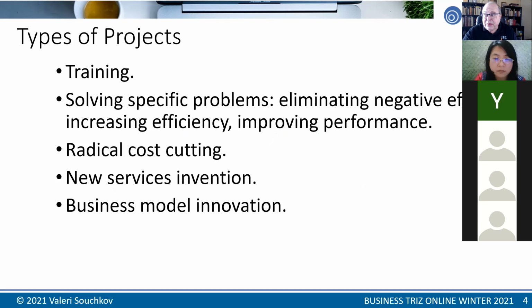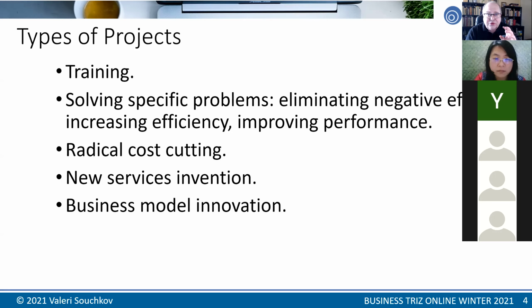There are two ways, of course. There is training, and I provided training to quite a number of banks and financial companies. And second is, of course, solving specific problems. That's what you can do with trees: eliminating negative effects, increasing efficiency, improving performance.